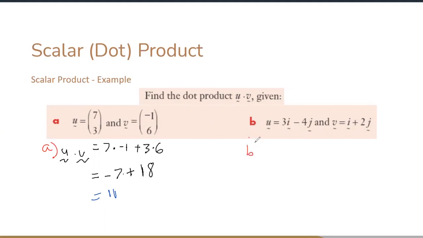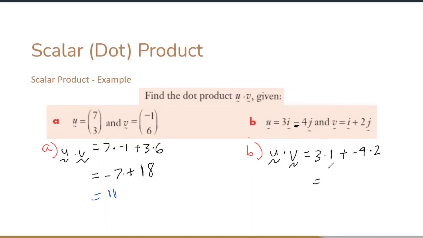And for this one, just because it's in ij notation, that doesn't change any of the maths here. We'll multiply the right components and then add them together. So this is going to be our i components first. So 3 times, and this means 1 because there's nothing in front of it, so that's going to be 3 times 1 plus minus 4. And remember to carry the minus that's on the left of it, so it's going to be minus 4 times 2.